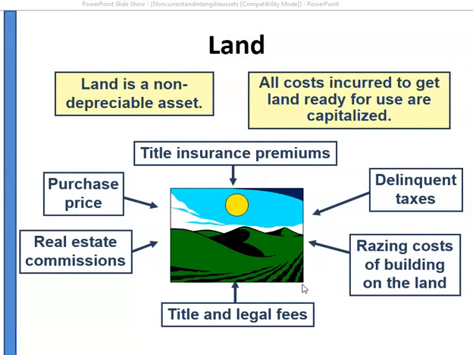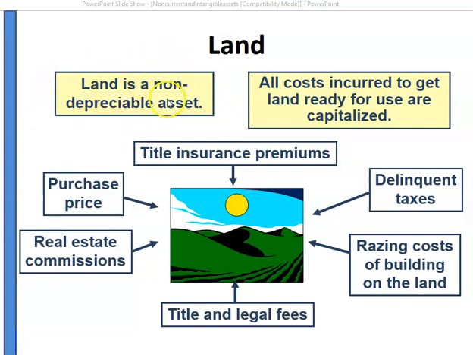So when we talk about land and the purchase of land, there are a couple things that we need to understand. Most of what your slide here shows are all of the things that we're going to include in the price of land. But right up here is a very, very important bit of information.